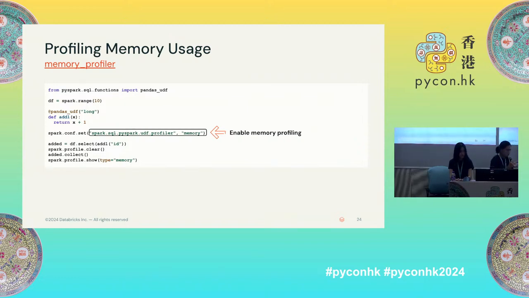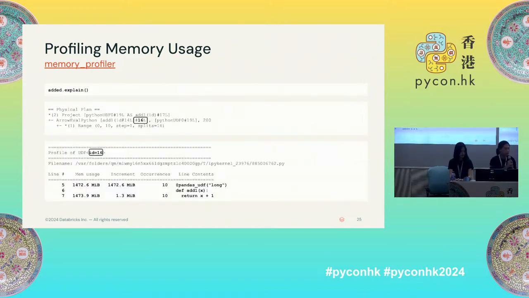To use it, you set the configuration spark.sql.pyspark.udf.profiler and set the value to memory. Then at the bottom, we have the API called profile. You call profile.show with the type memory, and it will show a nice result like this.